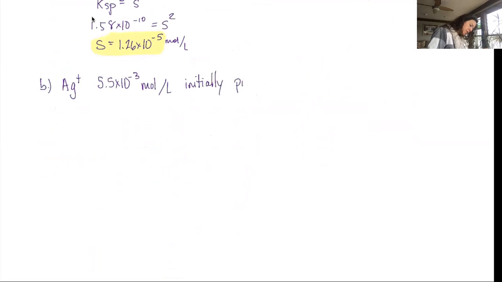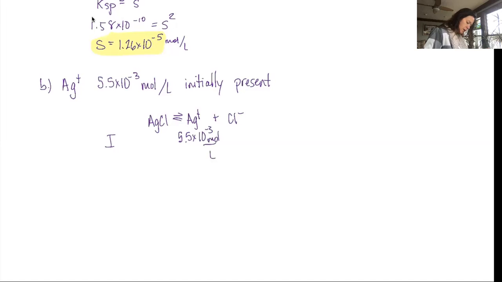All right, that's what this means. So AgCl yields Ag plus and Cl minus. Initially, we have 5.5 times 10 to the negative third moles per liter of silver ion. Chloride is not present initially.